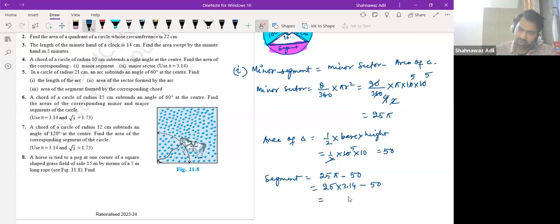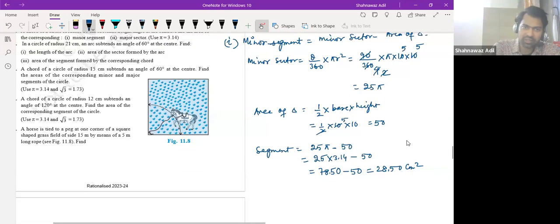So 25 fours are 100, 25 ones are 25, and then 25 threes are 75, so 78.5 minus 50, which is 28.5 centimeters square, right?